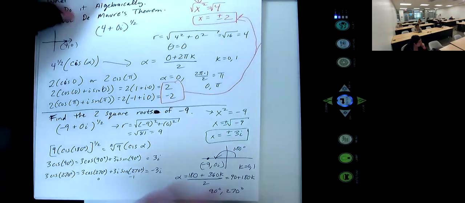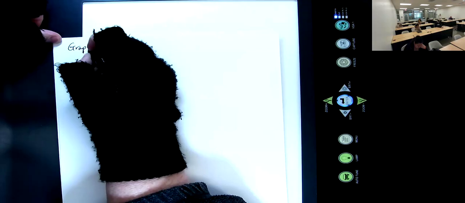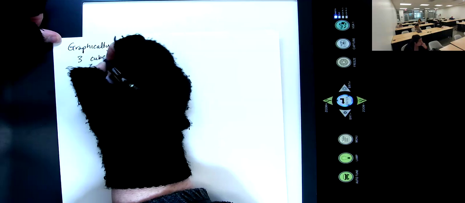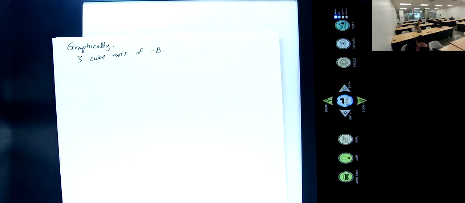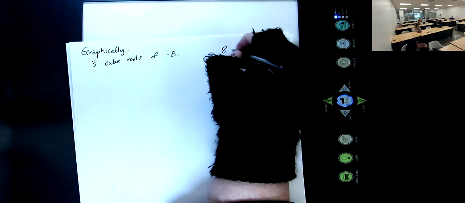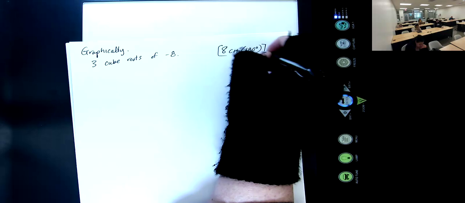Alright, let's take a look at it graphically. I'm going to go back to the x cubed one that we did first, where I confused everybody. So let's look at the graphics of it. The 3 cube roots of -8. We had started off with 8 cis 180 and then taking the cube root of that.